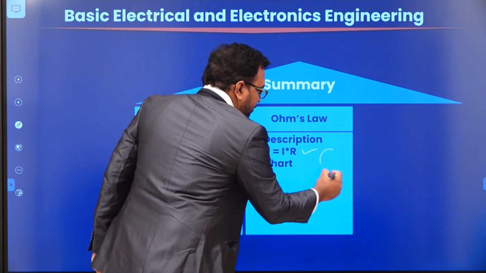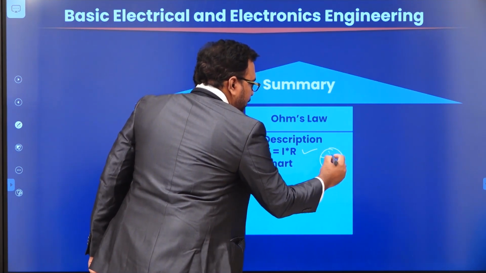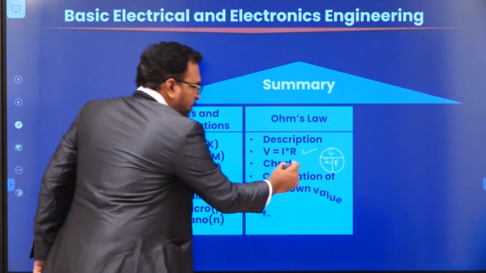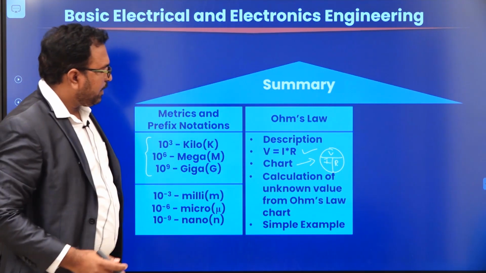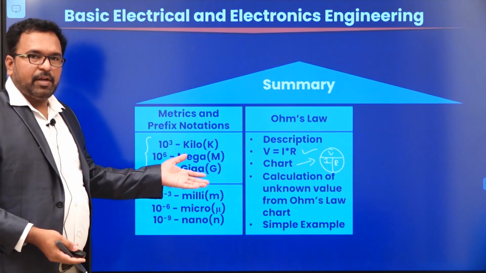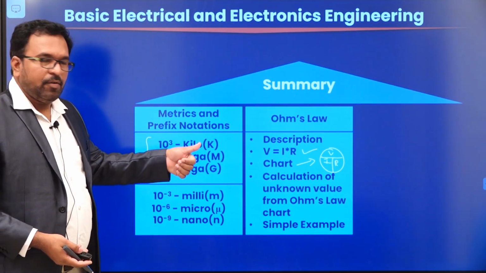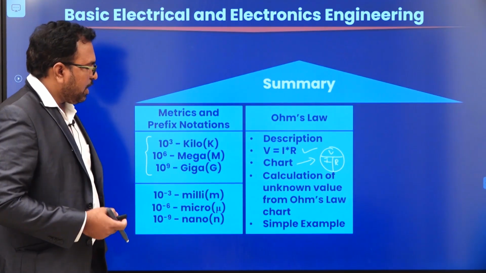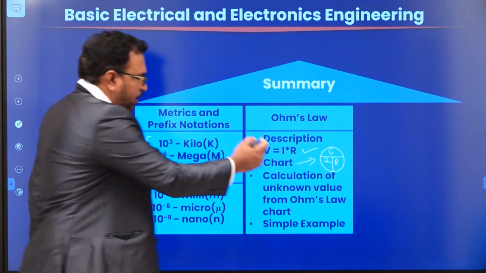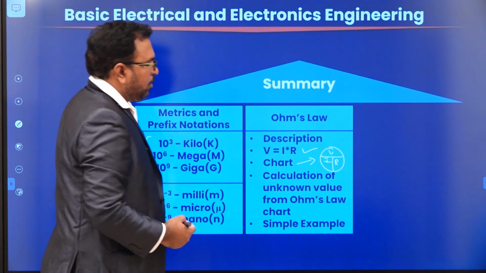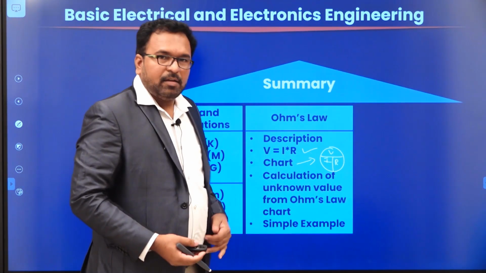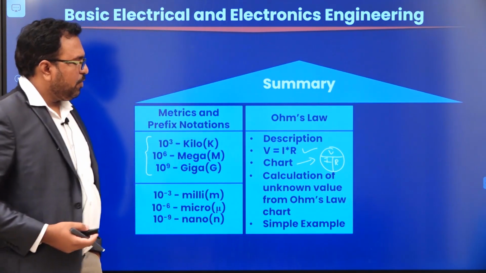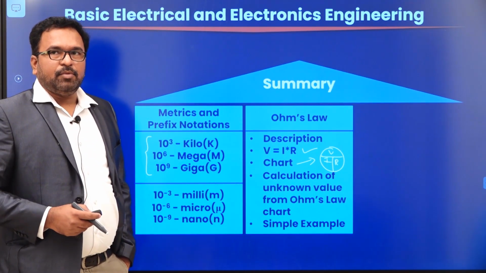I think you remember the chart, the VIR chart. From this chart, we calculated the unknown value by covering the unknown quantity and calculating the remaining values. Later I explained Ohm's law by using a simple example.